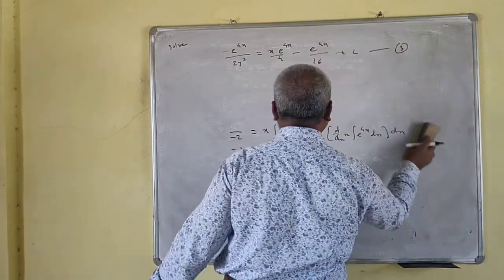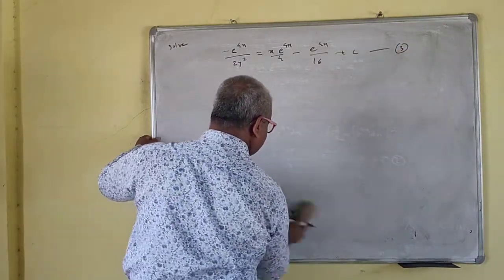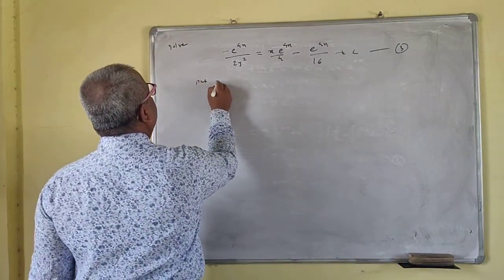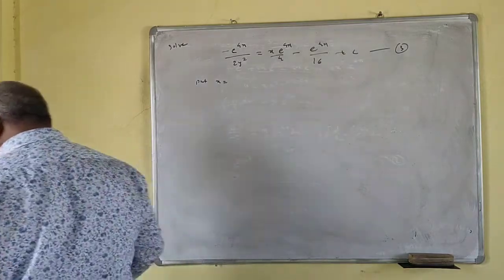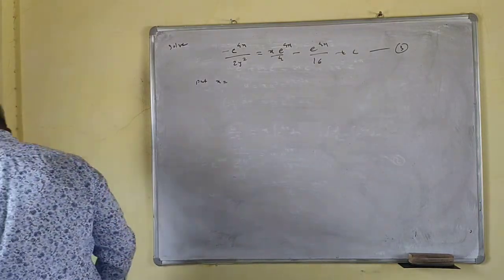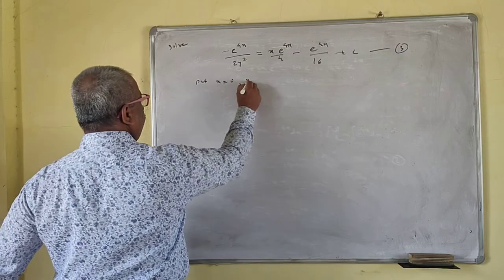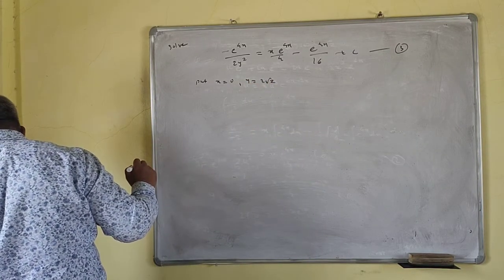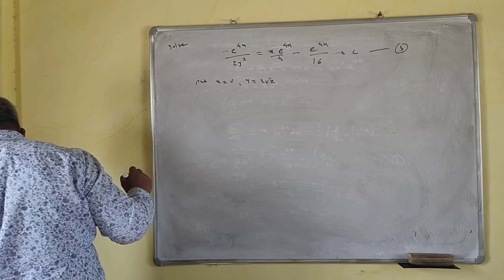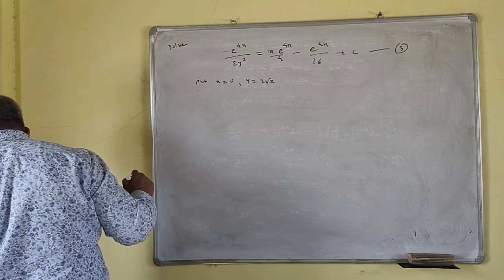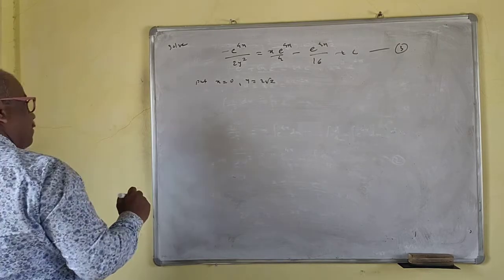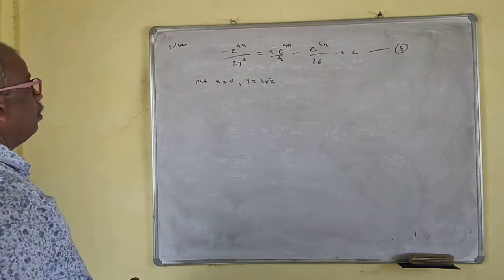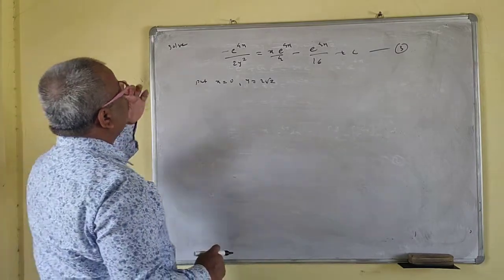Now we want to find the value of c. Put x equal to 0, y equal to 2 root 2, as given.